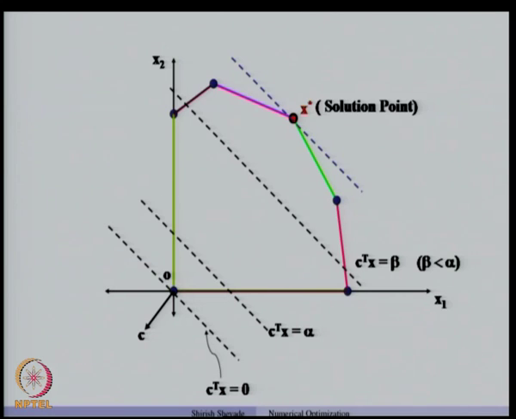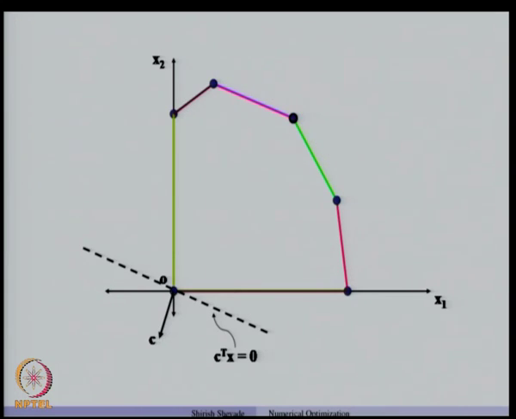Now, there may be situations where the solution point may not be unique. So, let us see an example. Let us consider a different C vector, different from the one that we saw earlier, and the constraint set is still the same, and this is the hyperplane C transpose X equal to 0.